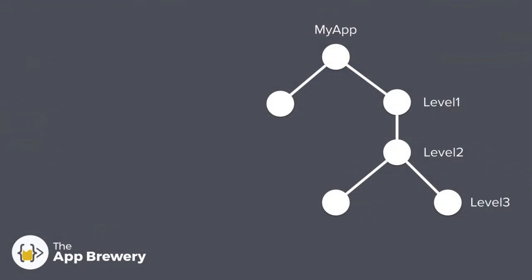But because our app is getting quite large and it's quite hard to see at a glance what's going on when we are managing our state, I've created a really simple app to be able to illustrate the problem a little bit better. So in this case, I have a top level class, which is my app, which then has two children, and one of which is something called level 1. And then level 1 creates another one called level 2, and level 2 creates level 3.